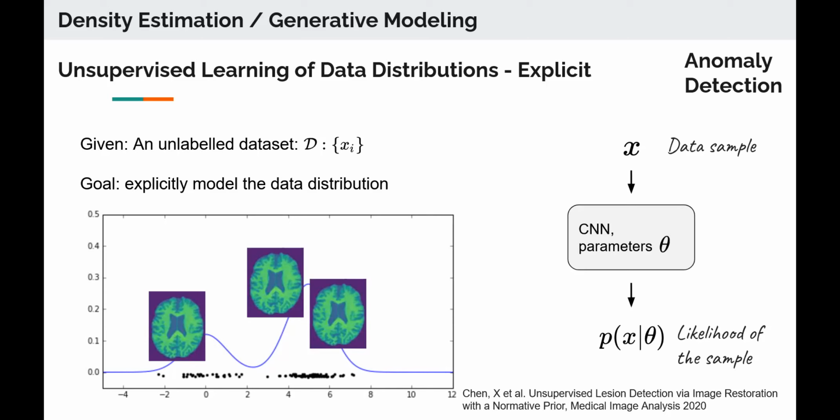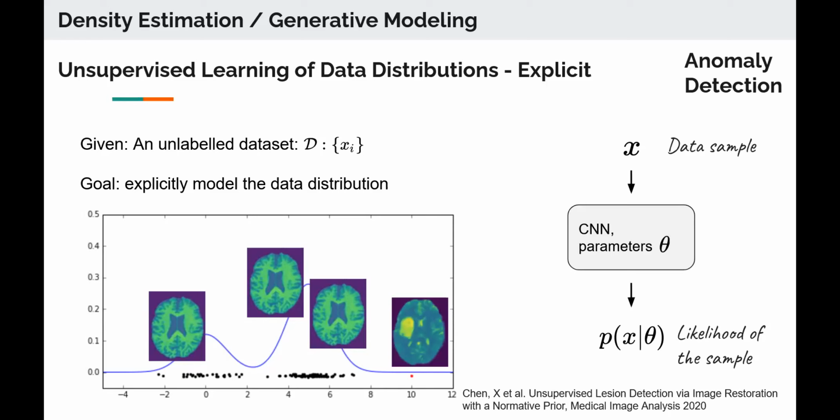Then if we have such a data set, we could try to learn the probability distribution of healthy brain images, which in 1D would be the same as learning this function, right? We are just looking at this in 1D. In high dimensions, we cannot visualize this. But the point is that we should have high values where we have healthy brain images, and we try to learn this function from a data set of a lot of healthy images.